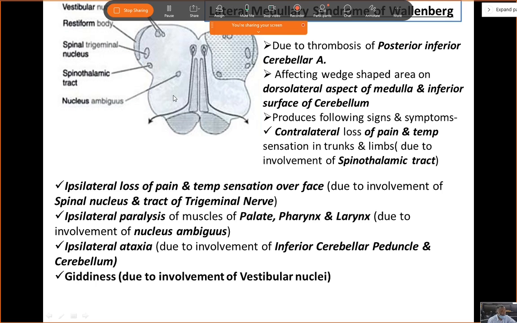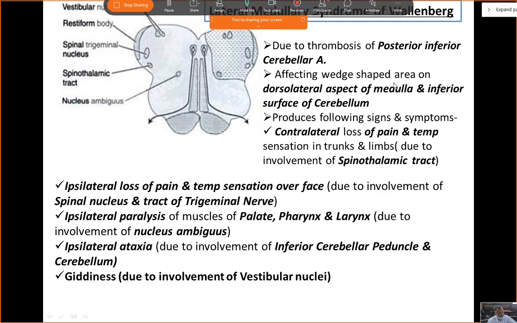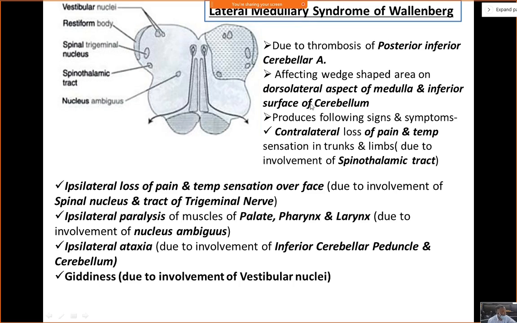Due to improper balance, the vestibular nucleus is involved. The vestibular nucleus is on the posterior aspect. So due to the involvement of all these structures, these signs and symptoms will be seen in the patient. That is known as lateral medullary syndrome. Mostly the posterolateral aspect is involved due to thrombosis of the posterior inferior cerebellar artery.